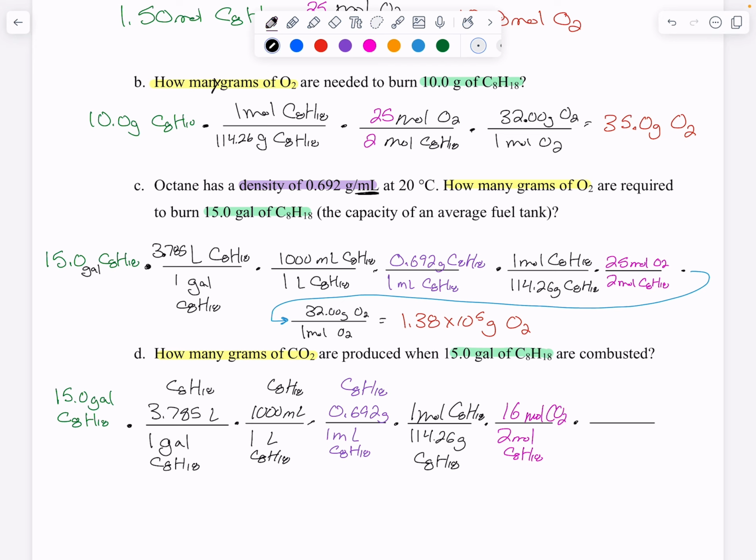I put it all on the same page. 1 mole of CO2 and 12.01 plus 16 plus 16. I got 44.01. If I do that math, I believe you get 1.21 times 10 to the 5th grams of CO2. 121 kilograms. A lot of CO2.